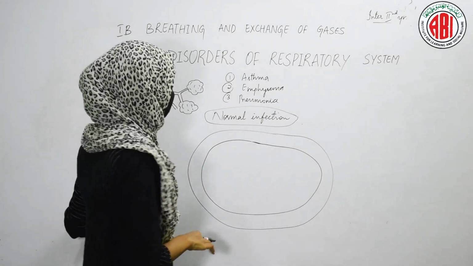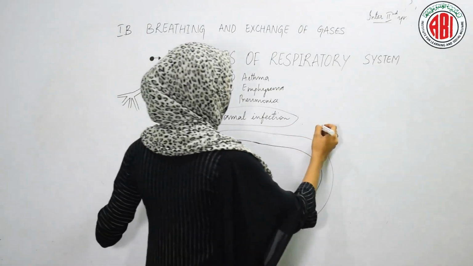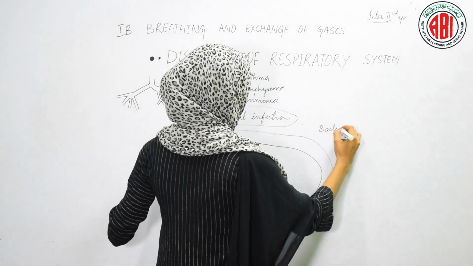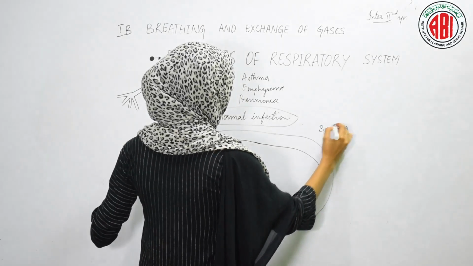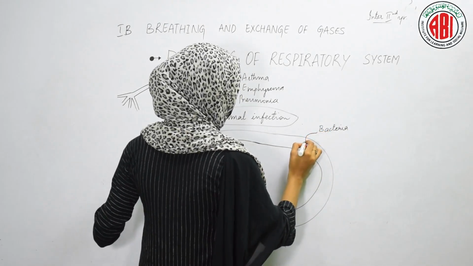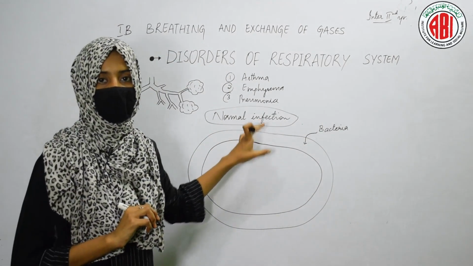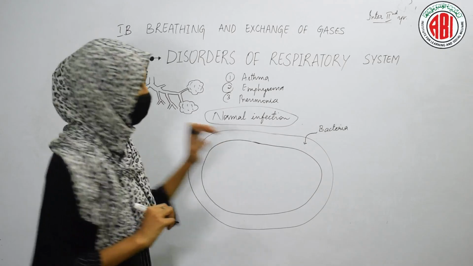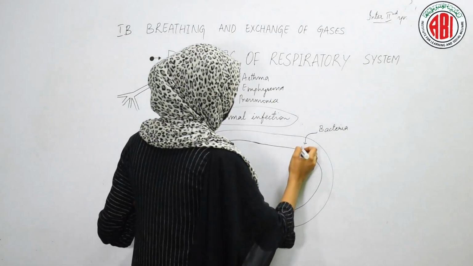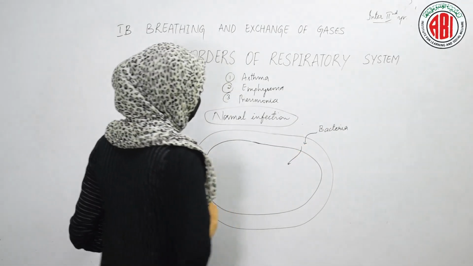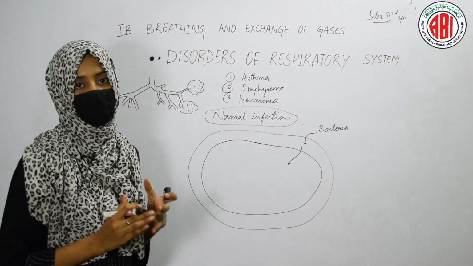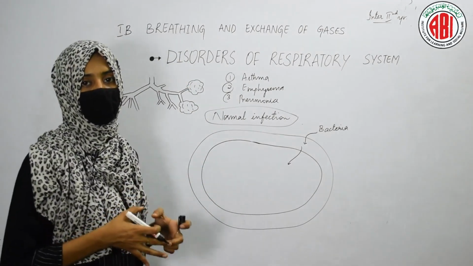Now when any foreign particle, for example bacteria, enters into the wall of the organ, firstly it reaches the wall of the organ, then slowly it enters into the organ of our body and starts damaging it, starts eating that organ.